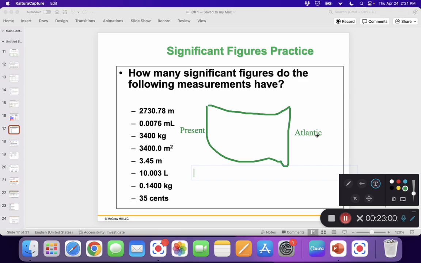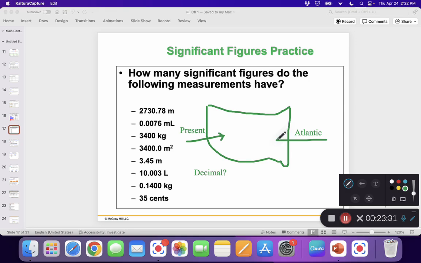I have to look for a decimal in a number to find out whether the 0 is significant or not. If the decimal is present, then I have to start counting from the Pacific, the left-hand side. If the decimal is absent, I have to start counting from the Atlantic side.